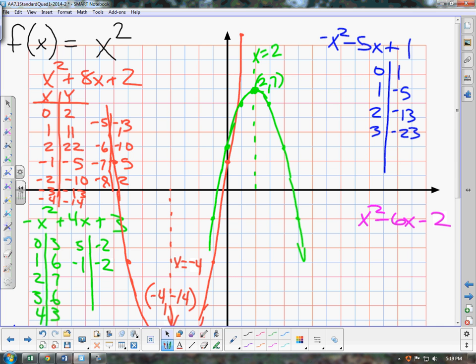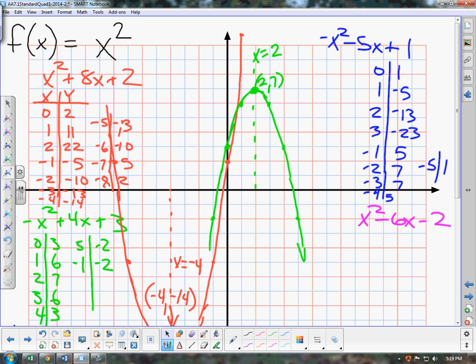At negative 1, we'll be at a positive 5. Negative 2 is a positive 7. Negative 3 is a positive 7. Negative 4 is 5. And negative 5 is 1.